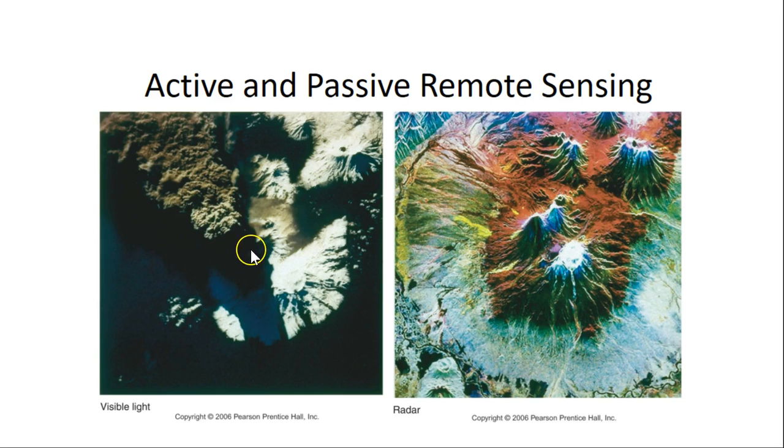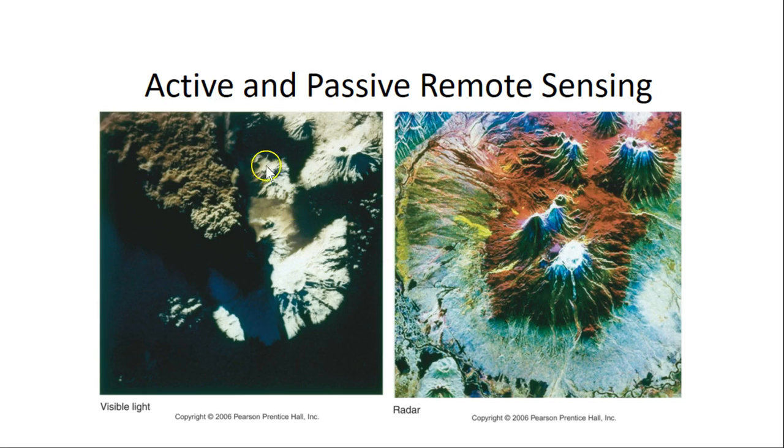You can see this plume is obscuring your ability to see this part of the face of the volcano. But then when we actually use radar, where we are sending down, bouncing off the surface, we get a whole different picture. And this kind of technology allows us not only to see the surface, but we can actually start mapping underneath the surface too, depending on what kind of signal we send down. And we'll talk about that more later on as well.